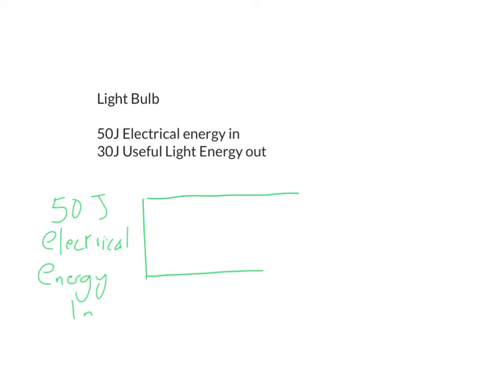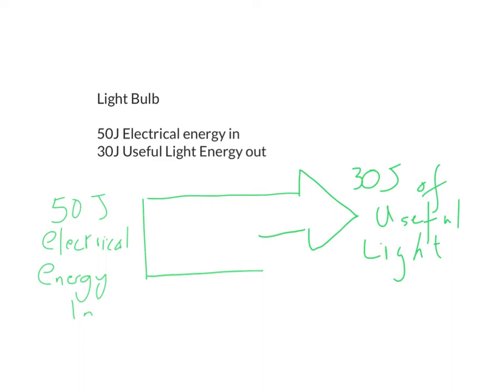So we're going to take slightly more than half of this. We're going to make sure that goes straight ahead there. So there's our 30 joules of useful light energy.